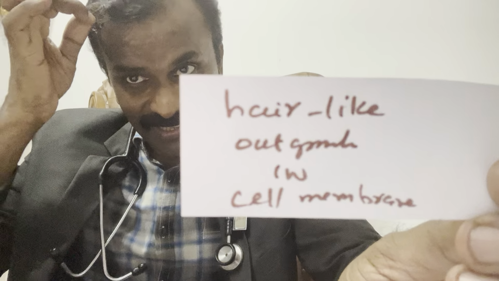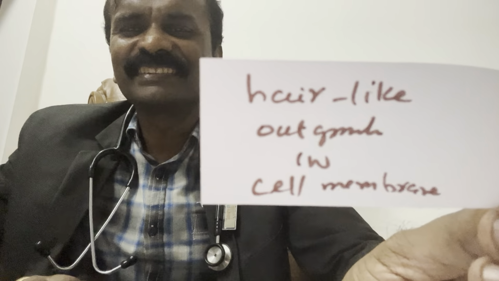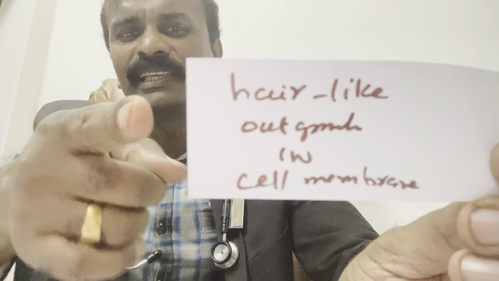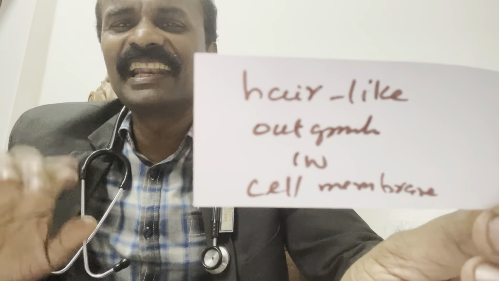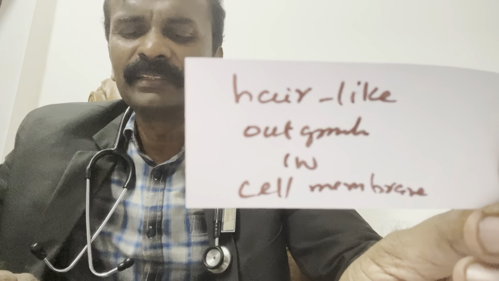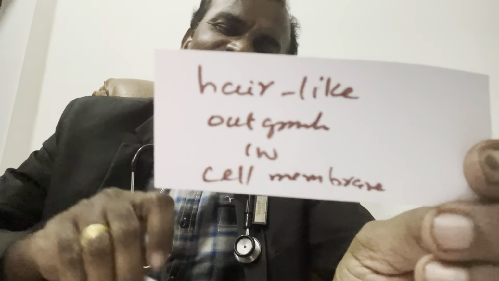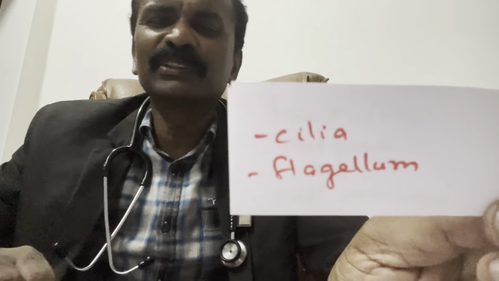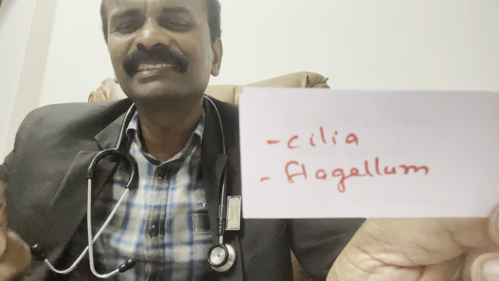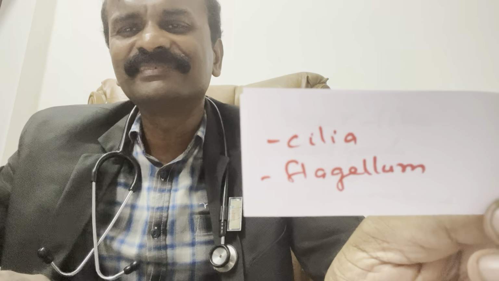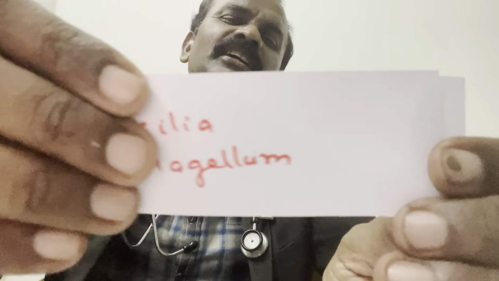See my hair? You remember my hair when they asked this MCQ. Hair-like outgrowth in the cell membrane. Whenever you see the word hair, just think of cilia or flagella. Cilia or flagella, hair-like.